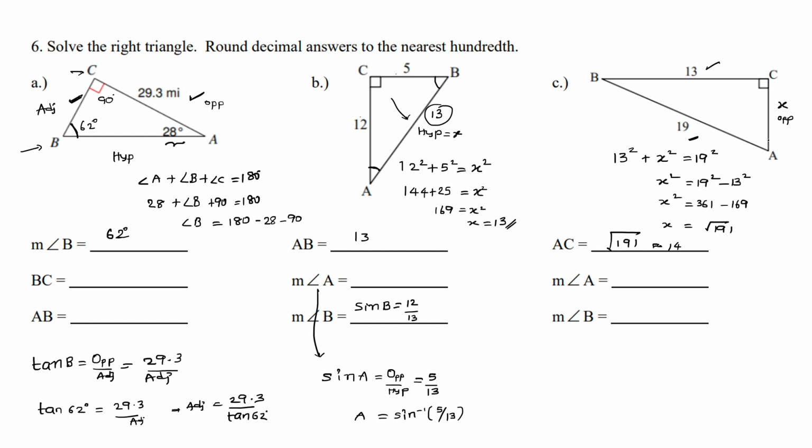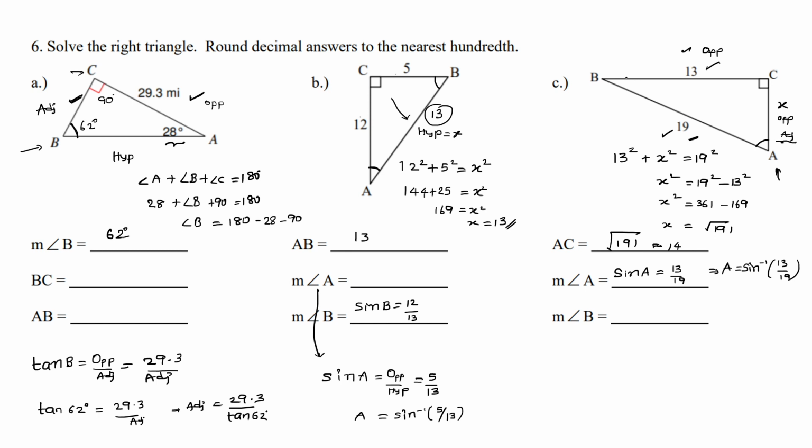And if you want to find A, since from A this is opposite, this will be adjacent. So from A we know opposite and hypotenuse, so I can apply sin theta. So sin A is equal to opposite by hypotenuse. So A is equal to sin inverse of opposite by hypotenuse.